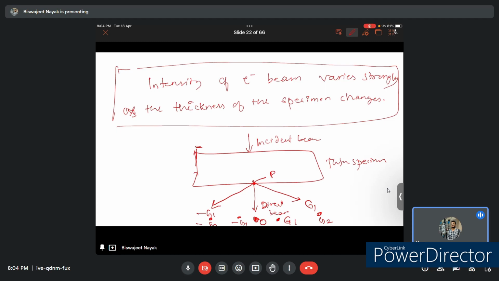These are diffracted beams from each point P at the bottom surface of the specimen. That is, we consider the exit surface. Intensity is proportional to the square of the amplitude.